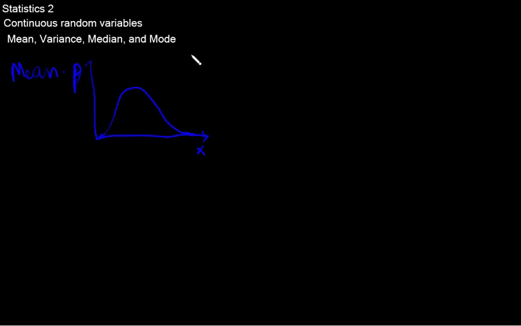For a discrete random variable, we have learned that we can find the mean by timing all the x's with its frequency, or timing all the x's with its probabilities. That's how we find the mean in the discrete random variable.